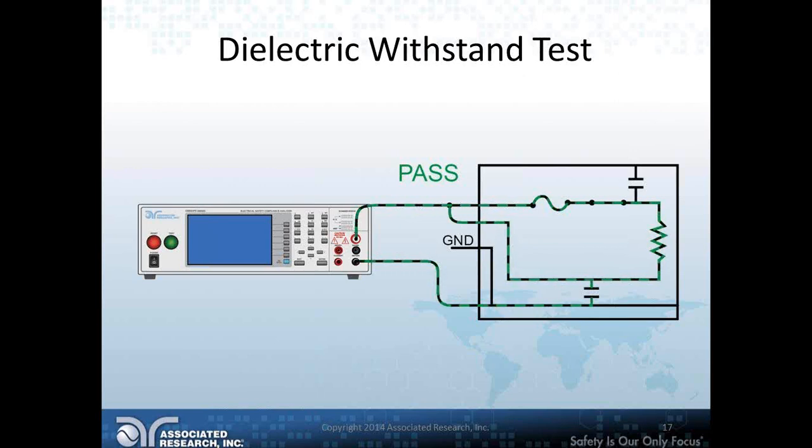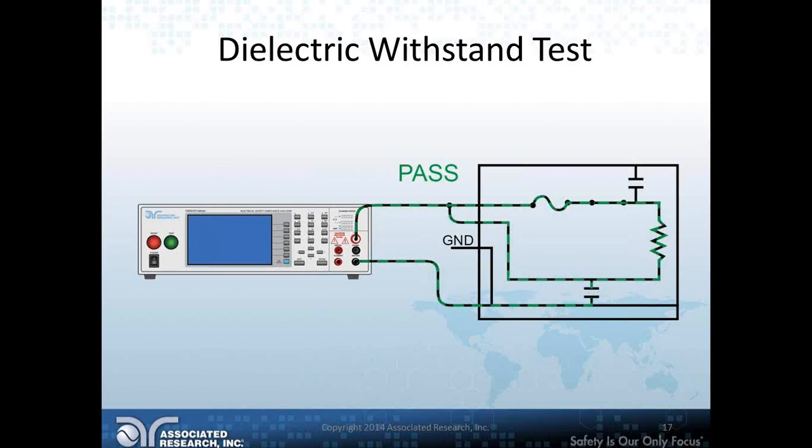The reason for showing these capacitor symbols is that when the high voltage is being applied on the mains input, between the mains input and the chassis, the product under test is being turned into a large capacitor. There's going to be a huge potential difference here, and the resulting leakage current will flow on the chassis of the product.